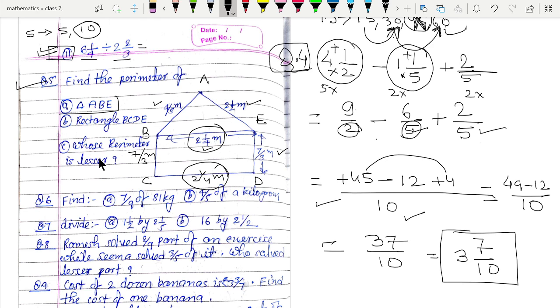For less we require dividing. 24/7 divided by 24, because 12 twos are 24, and division means multiplication by the reciprocal of 24. So it is 1/7 rupees, the answer. Yes, sir. 1/7. Correct. Note it down. It is rupees 1 by 7.